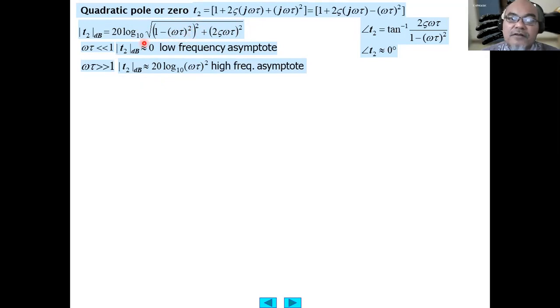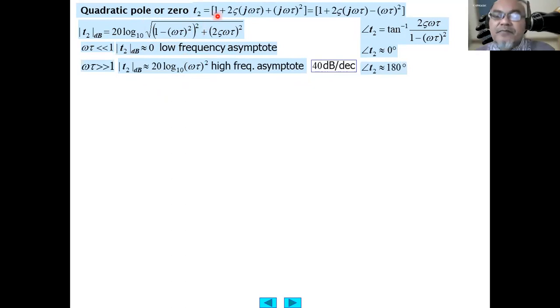Omega tau to the power 4, being square rooted, becomes omega tau squared. So the high frequency asymptote will be 20 log omega tau squared. The power of 2 becomes, in logarithmic form, the multiplication factor at the front. So 2 times 20 becomes 40 log omega tau. It is a linear function of log omega tau on the x-axis, but the gradient is 2 times 20, 40 decibel per decade.